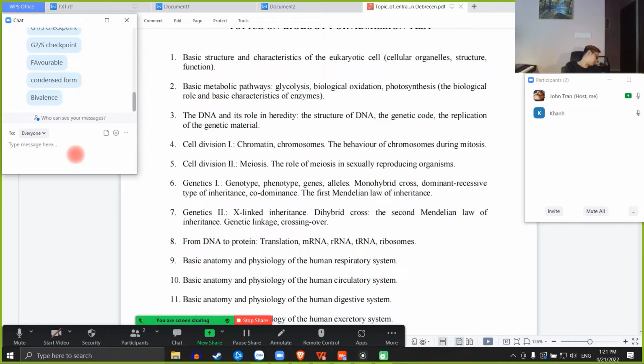Centrioles migrate to opposite poles. The chromosomes line up at the equators of the cells.